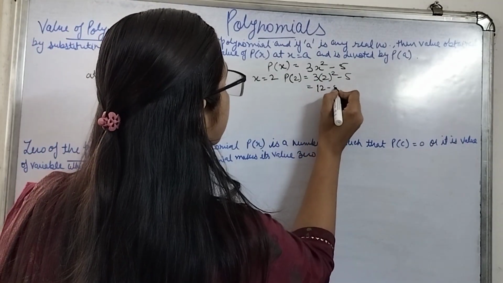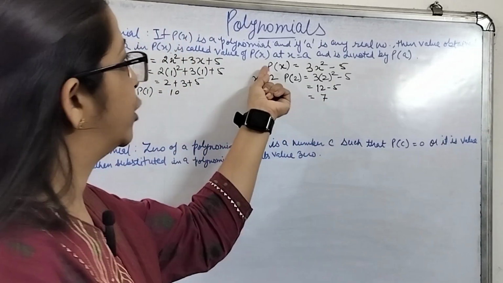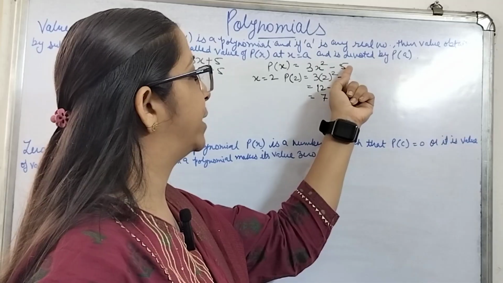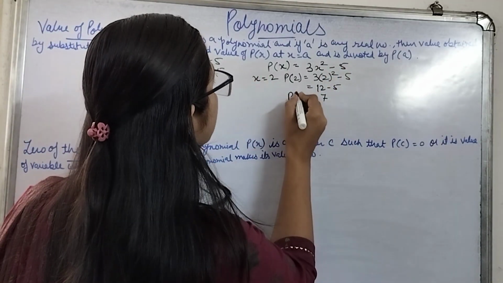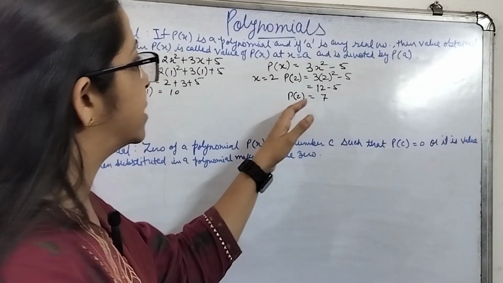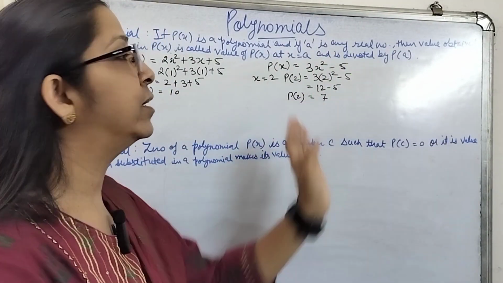So 12 minus 5 will be 7. So the value of the polynomial p(x) equivalent to 3x square minus 5 at x equivalent to 2, that means p(2), is 7.